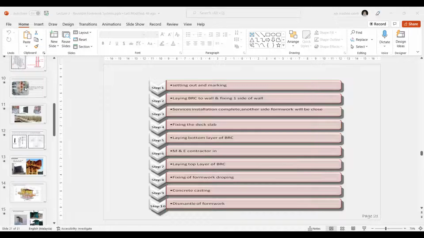climbing formwork ni adalah bangunan yang now we have the tallest building in Malaysia. Bangunan apa? Not anymore KLCC kan? KLCC pun dah kalah. Bangunan apa? Bangunan yang terbaru. Menara? TRX. Menara apa tak? Menara apa? Exchange. TRX.